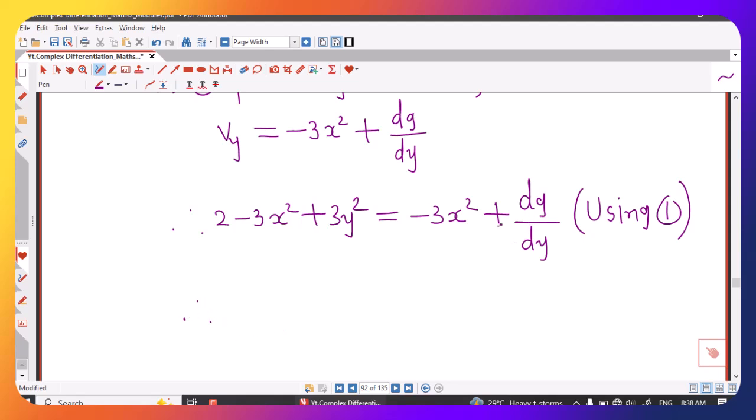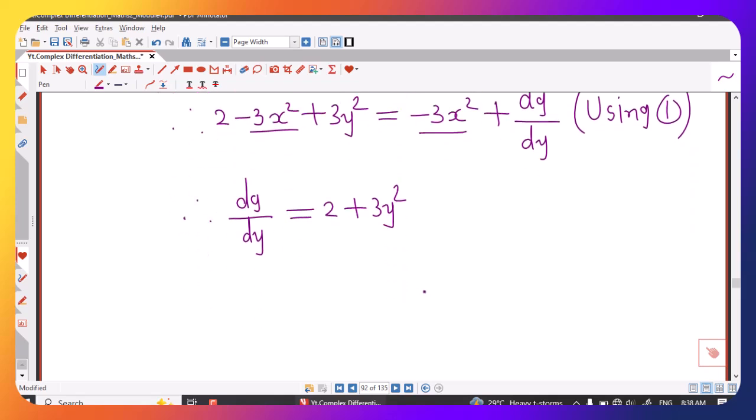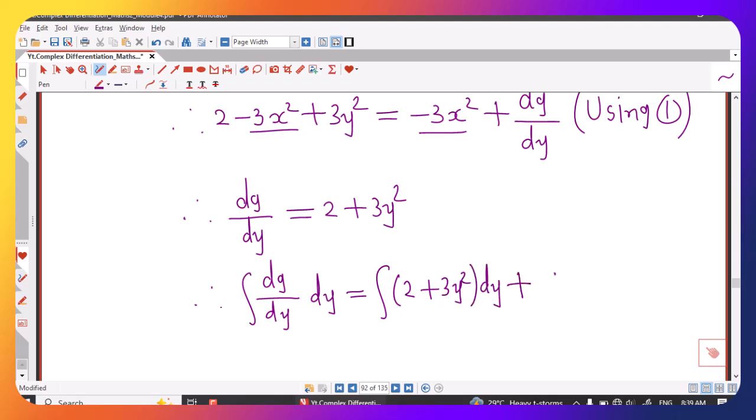Now we require dg by dy, so we transfer this to the right hand side, so that will cancel this minus 3x square, and we will have dg by dy equal to 2 plus 3y square, and this is a function of y. And if we integrate both sides with respect to y, we have the integral of the derivative of g with respect to y equal to the integral of 2 plus 3y square with respect to y, plus an arbitrary constant.